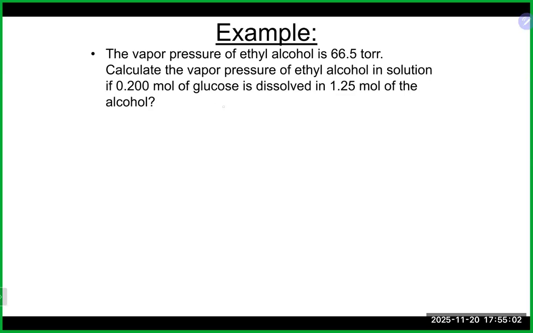So we're going to use our Raoult's law there to figure it out. In this particular case, we have our normal vapor pressure of ethyl alcohol, which is 66.5 torr.